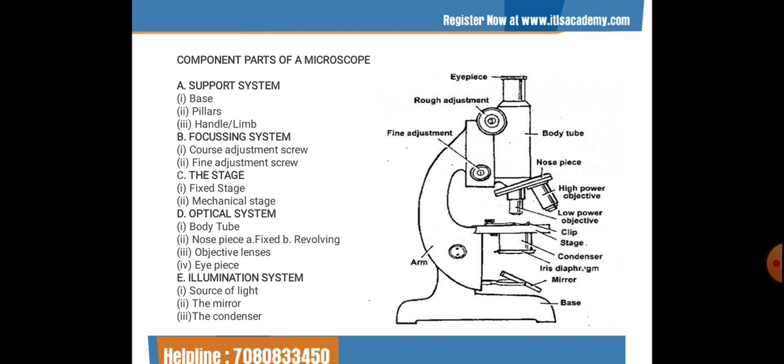With appropriately set up illumination, the image of the light source comes to focus at the level of the built-in variable aperture diaphragm of the substage condenser.